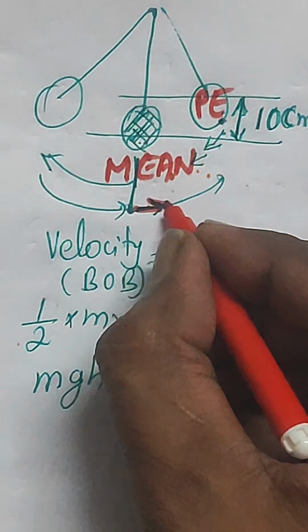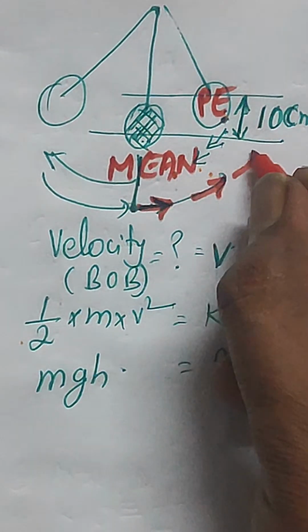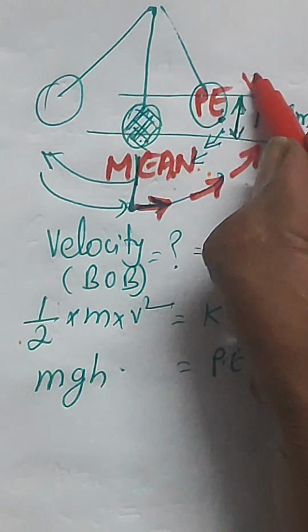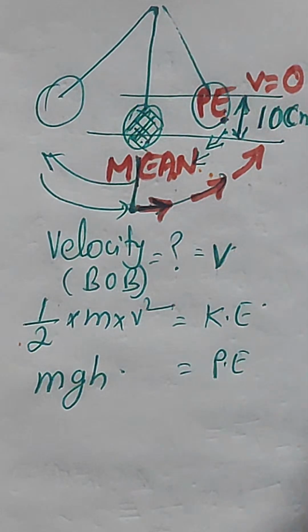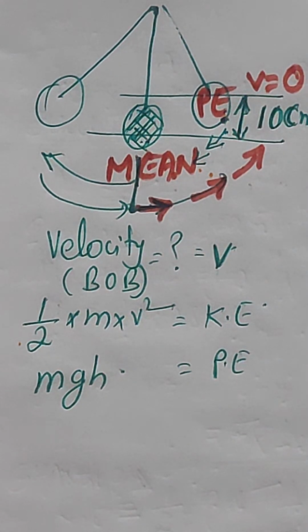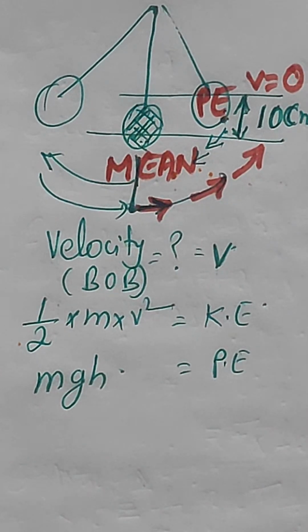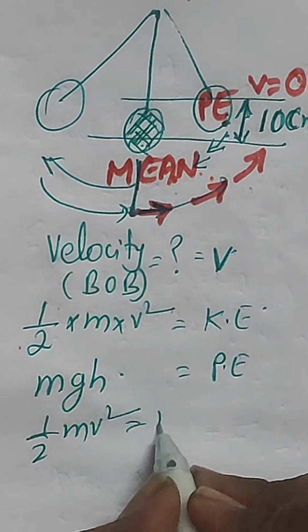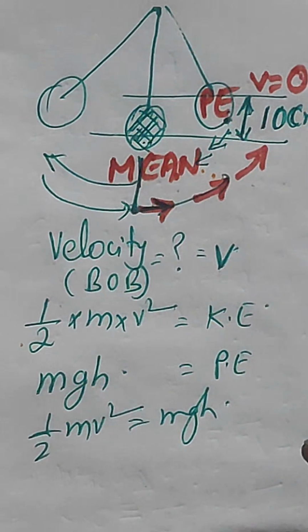The bob is going towards the right, and at this position the velocity is equal to 0, and kinetic energy is simply converting into potential energy, right? So perfectly fine. We can simply write half m v square equal to mgh over here, right?